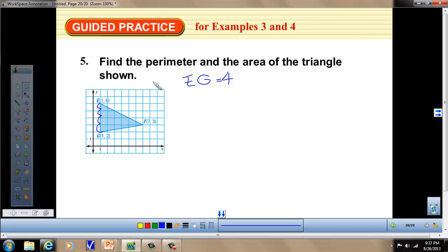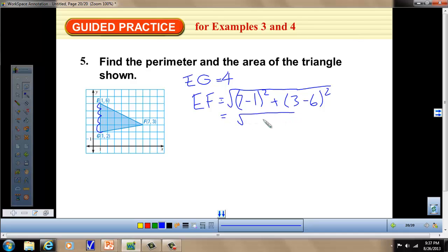For the other two sides, for EF, we're going to get, let's see, the square root of, we take the x-coordinates for E and F, so that would be 7 minus 1 squared, plus, if we did 7 minus 1, we would do 3 minus 6 squared.